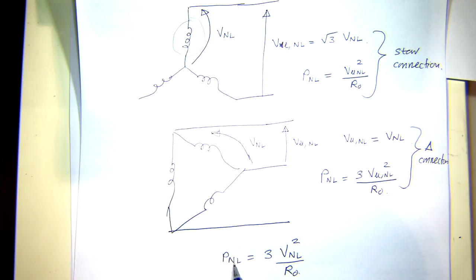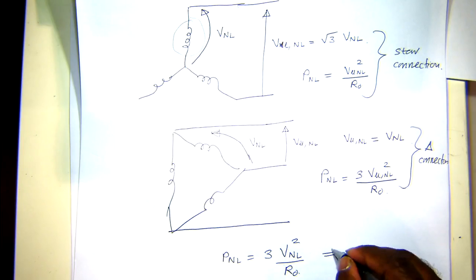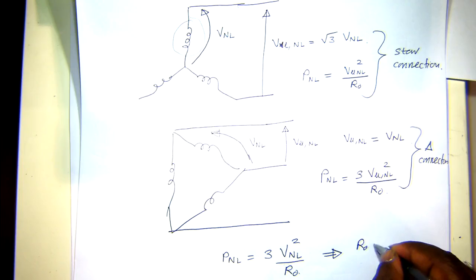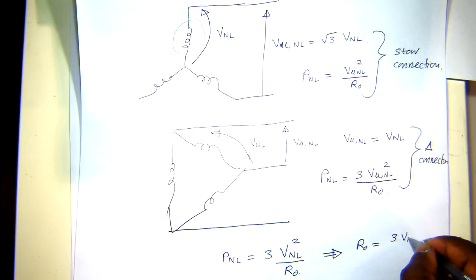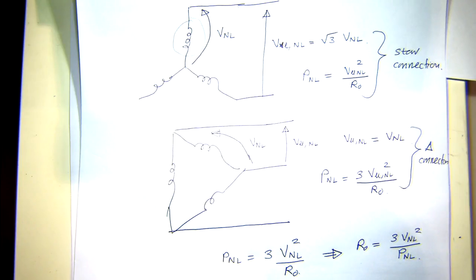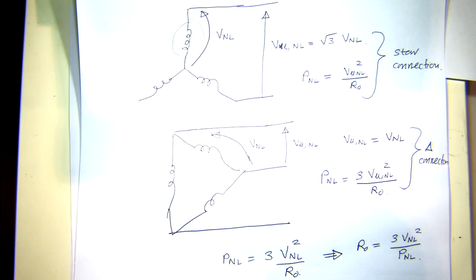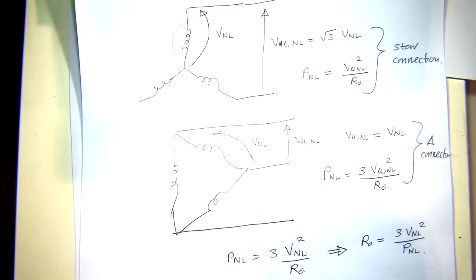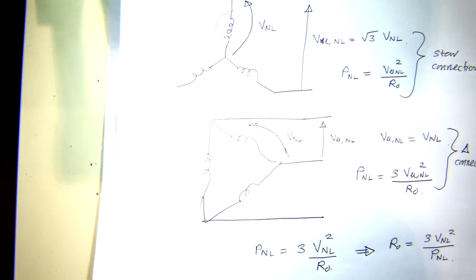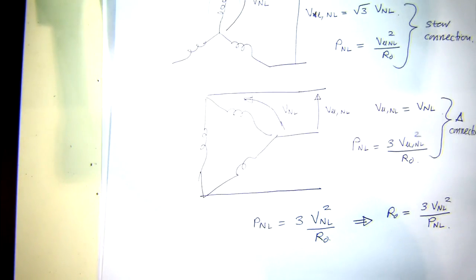So then you have this information, you are measuring the line-to-line voltage as well, and then you can figure out the core loss resistance by 3 times V no load squared over the measured power there. The core magnetizing reactance calculation is the same approach as well.